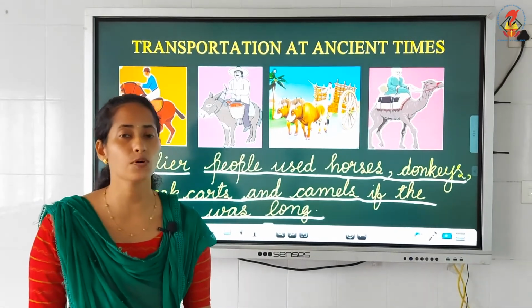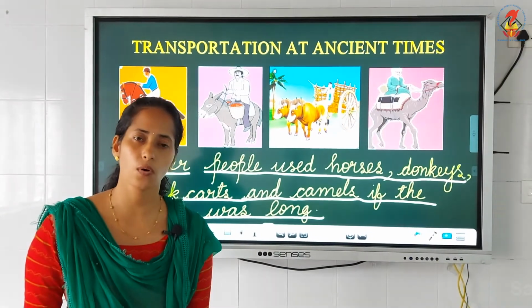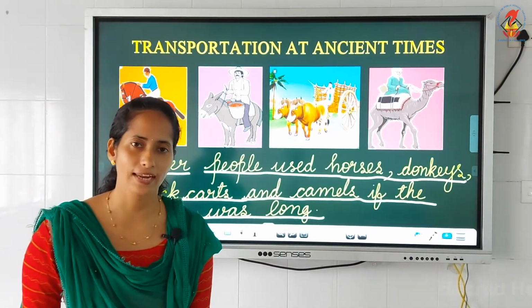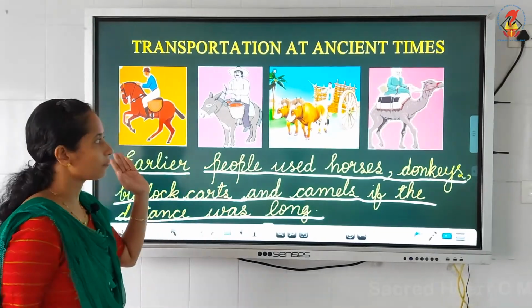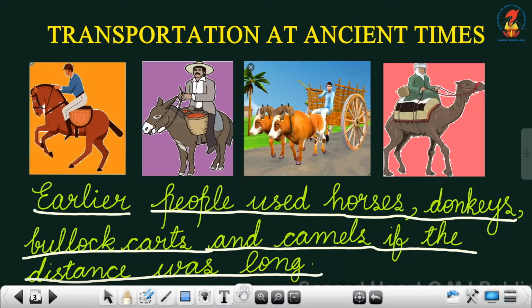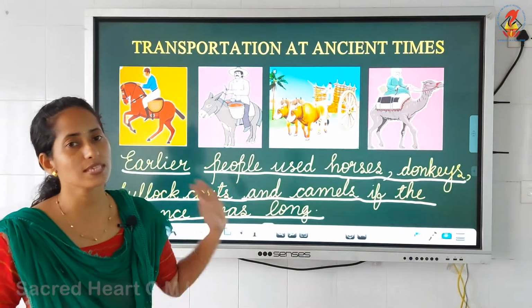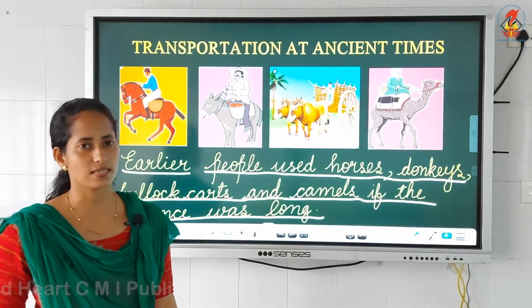So these are the animals that they were using: horses, donkeys, bullock carts or camels. So if the distance was long, they used animals for their assistance.